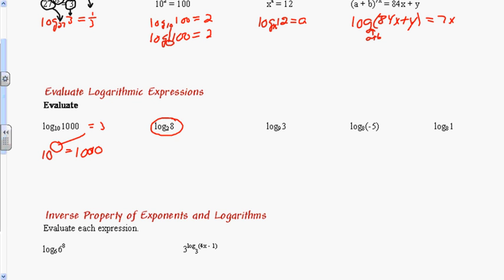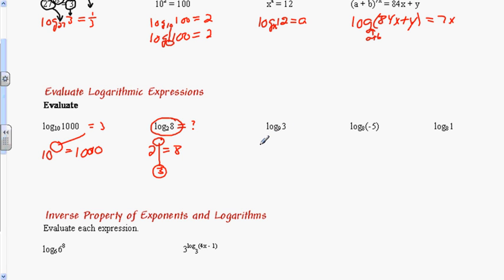But if we change it to exponential notation, it will make sense to us. 2, now notice we don't have it equal to anything here. So that means 2 to some power, because that's what the logarithm will give you, the exponent, will give you 8. Written this way, we can actually realize that it's 3.